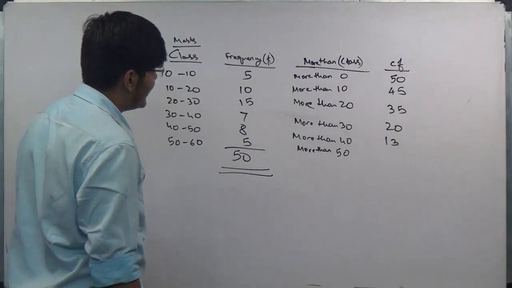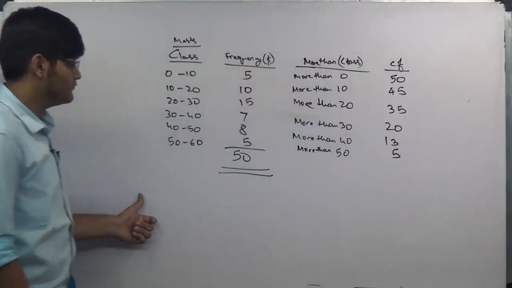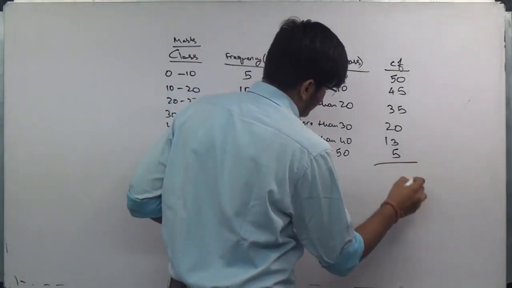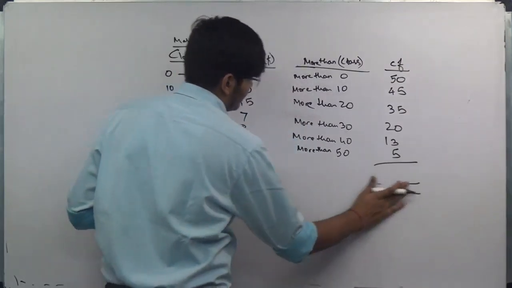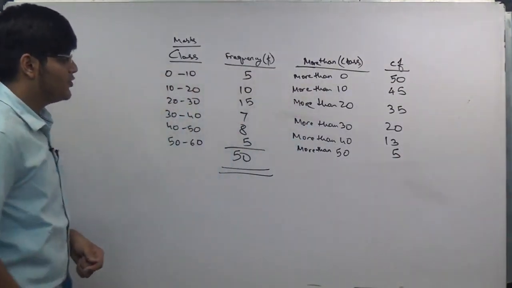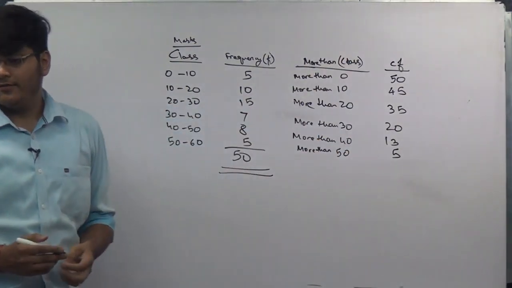Then 13 minus 8, 5. Okay. No total needed to be calculated here. So automatically what you see, this particular column has been reversed. Very easy.